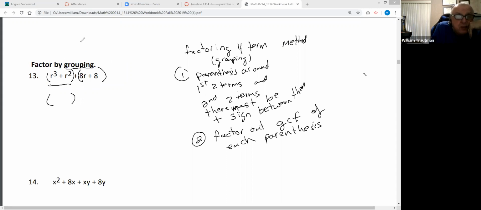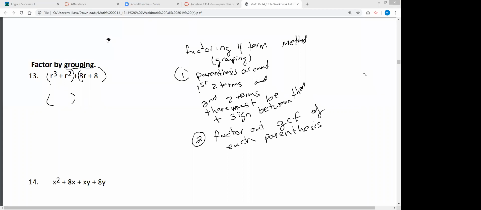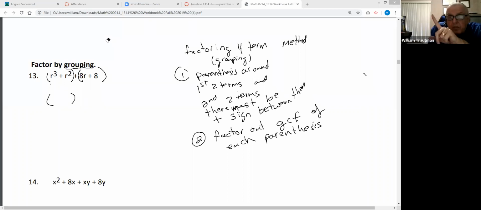What factors out? 1 factors out. She just said 1 because they both have a 1 in front of them, by the way. We all know there's an invisible 1 in front of it. You can put a 1 there.